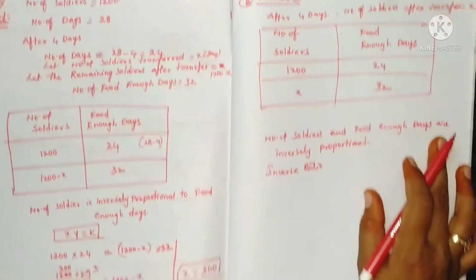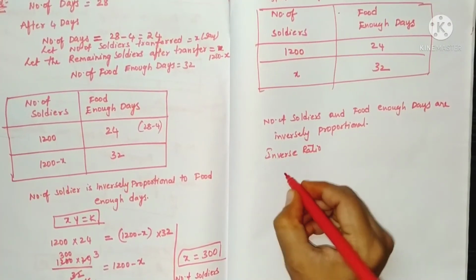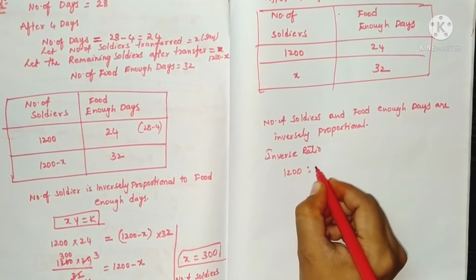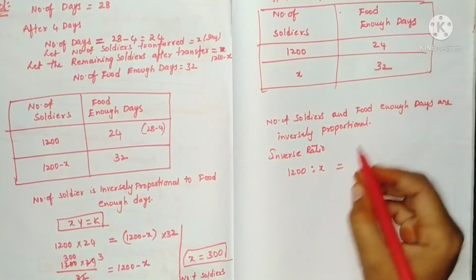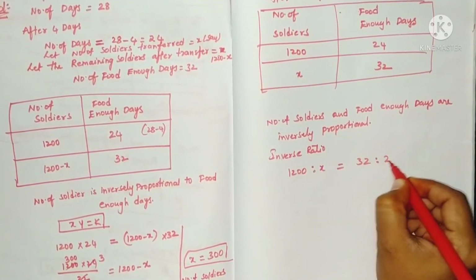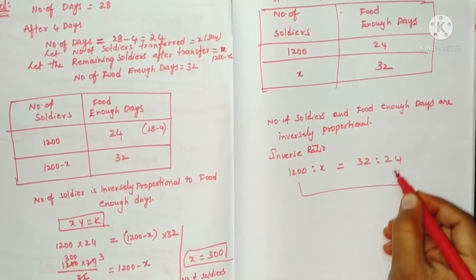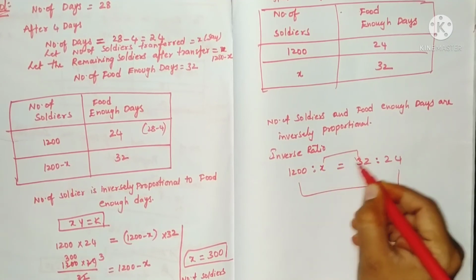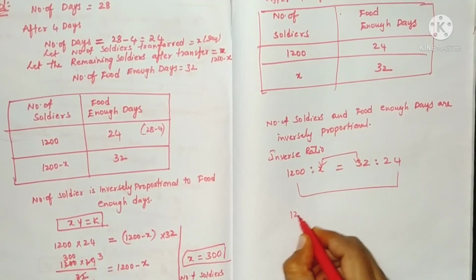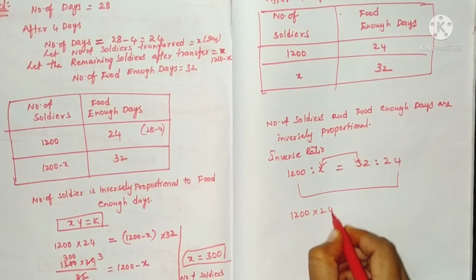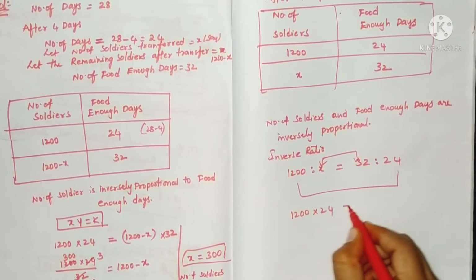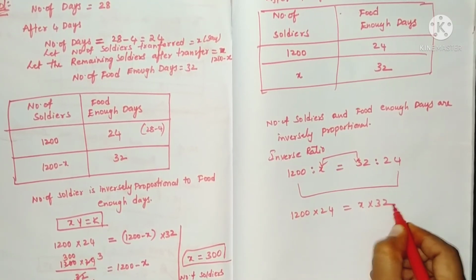So these are inversely proportional. Take the inverse ratio. 1200 is to x is equal to the reverse, 32 is to 24. Product of extremes is equal to product of means. So 1200 into 24 is equal to x into 32.